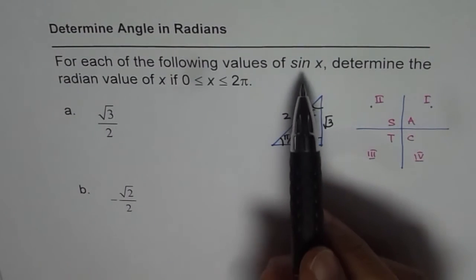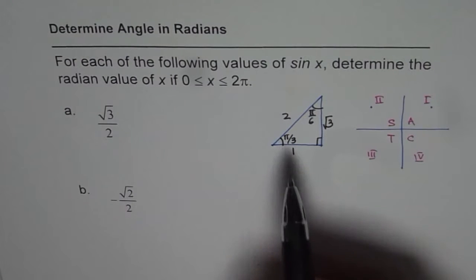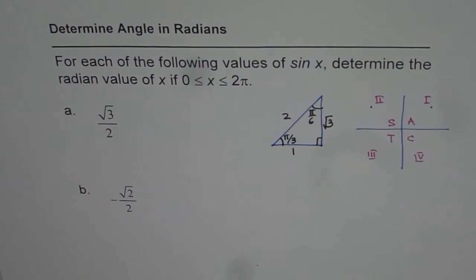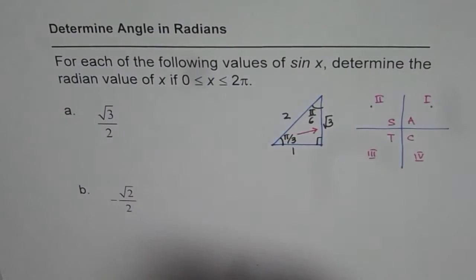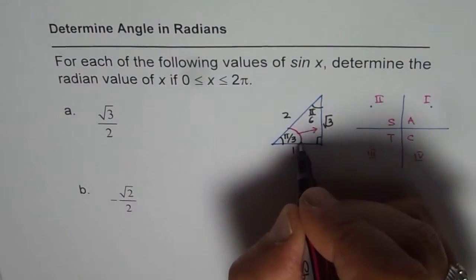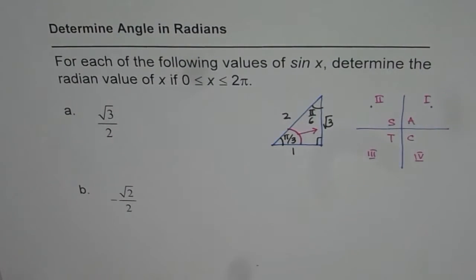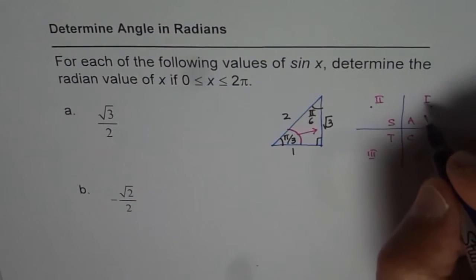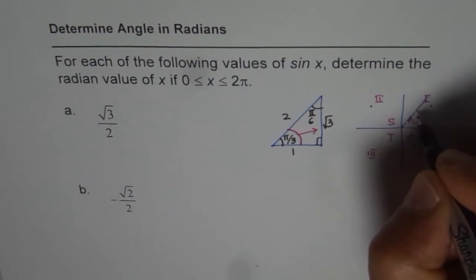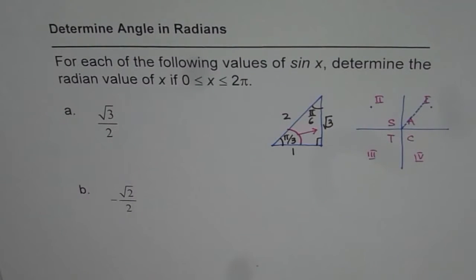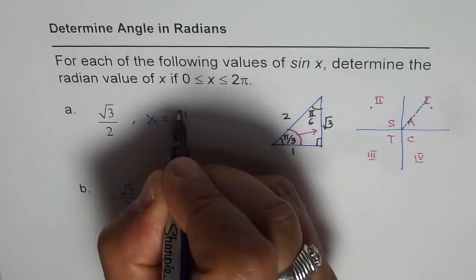Now when we say sine value square root 3 over 2, that means we are looking from the pi by 3 angle, so the opposite side is square root 3. So the angle is pi by 3 for us. This angle pi by 3 is actually in quadrant 1. So that is one solution: x equals pi by 3.